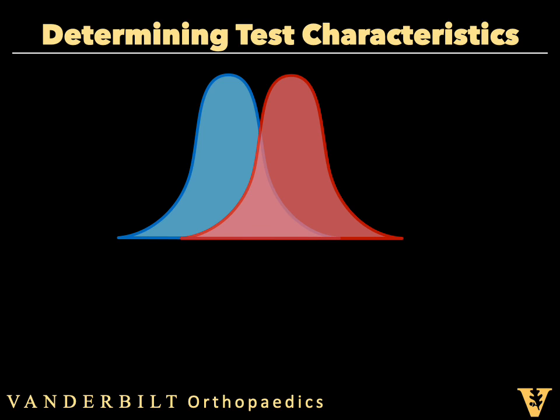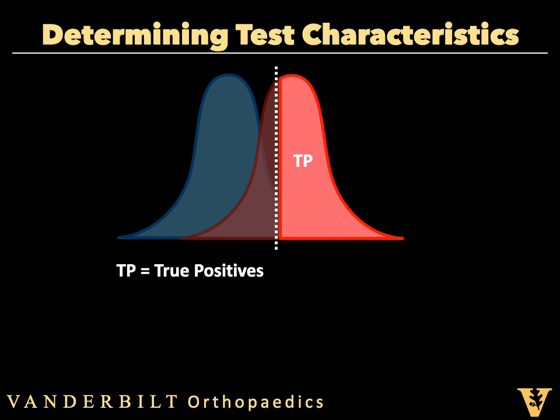Usually there's overlap where individuals that do and don't have a disease may have certain findings that the values for those findings overlap. So we draw a line in the sand. We say that a certain range of motion or a certain laboratory value or a certain collection of findings creates a diagnosis, and we draw that line in the sand, and here we are. Now, if the red group is the diseased group, then the true positives are the individuals on one side of that threshold.